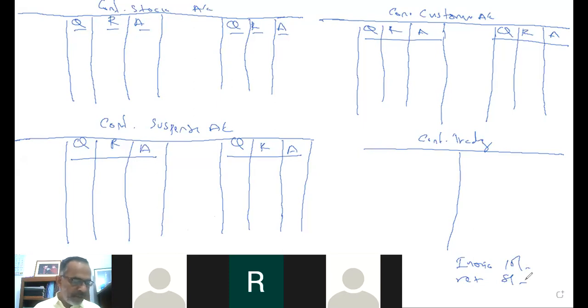The following information is available from the books of ABC Limited. Returnable drums as at 1/4/2015. This is returnable drums, therefore we have to write down in the customers account 1/4/2015 brought forward 4,000 containers.